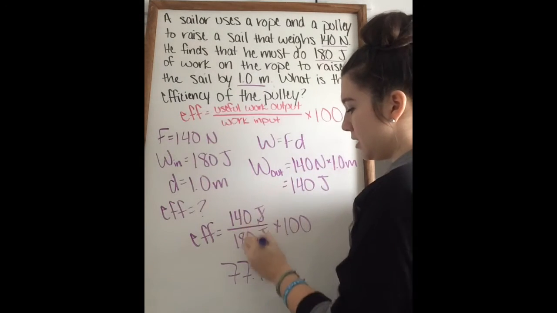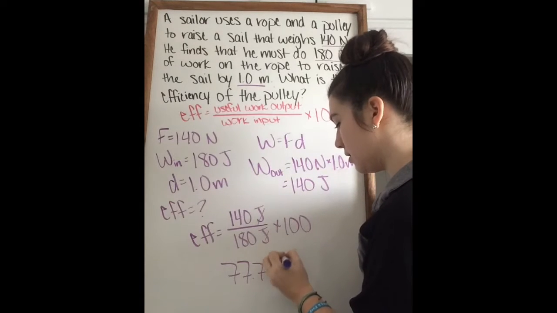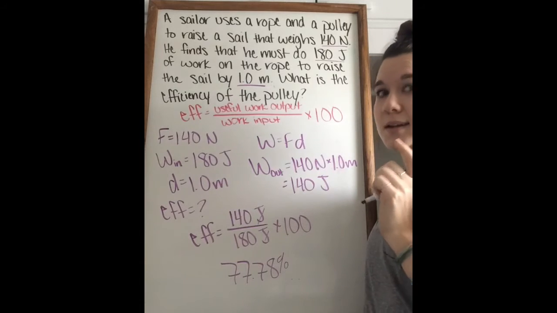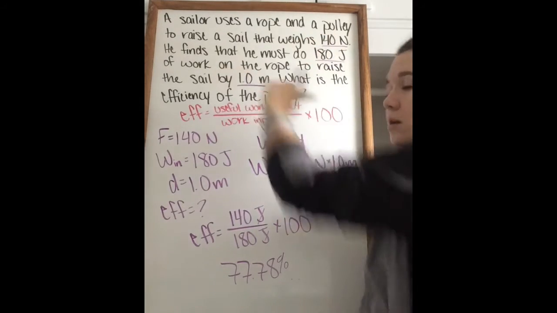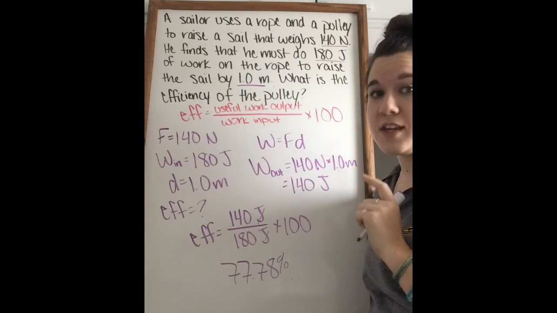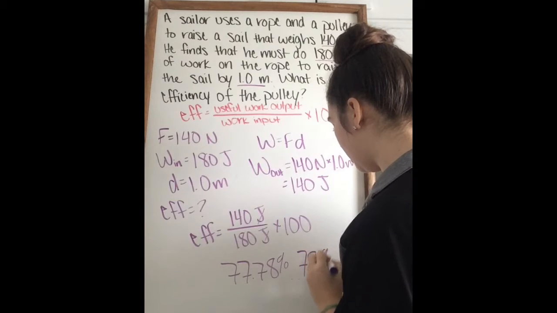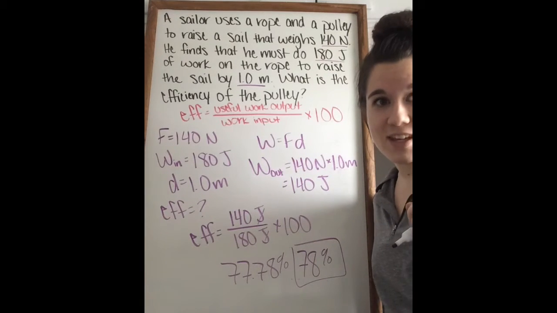My joules cancel out, but we multiplied by 100 to make it a percent, so I better make it a percent. Don't forget sig figs. Okay, 140, 180, 1.0 all have 2 sig figs, so my answer better have 2 sig figs. So once I round, my efficiency should be 78%.